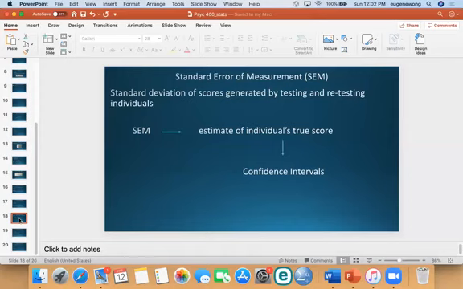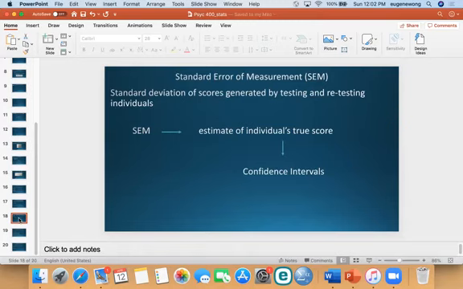In other words, if there is very little error in the test, I'm going to need a smaller range of scores in which I'm likely to find the person's true score. If, on the other hand, I have a lot of SEM, I'm going to need a much broader range of scores in order to capture the person's true score.